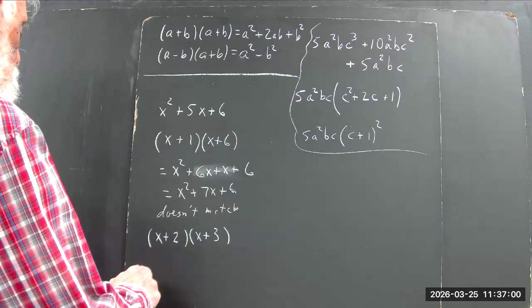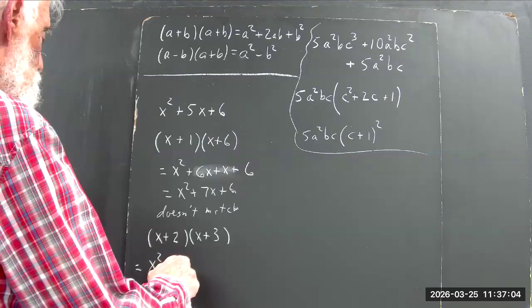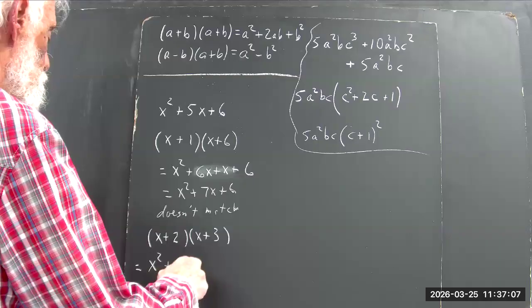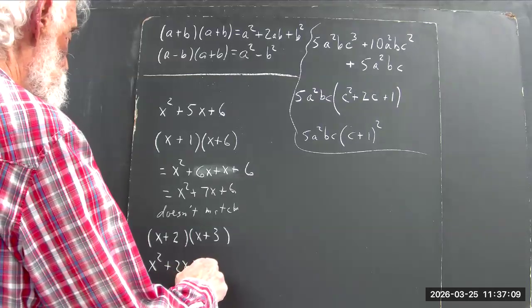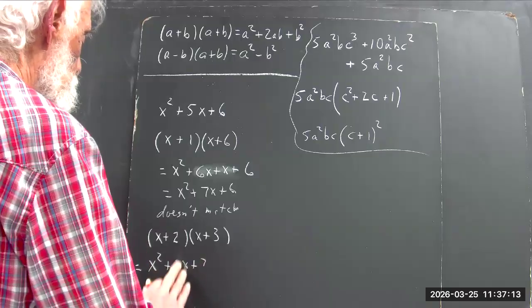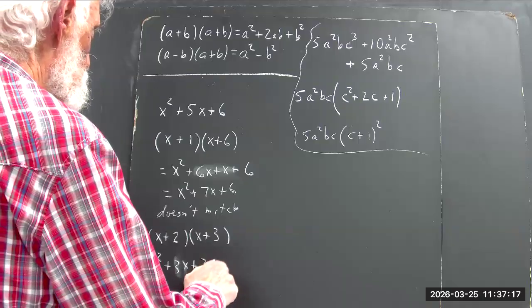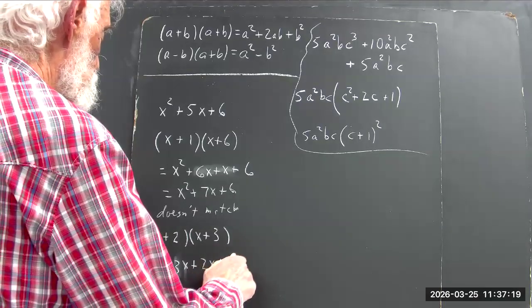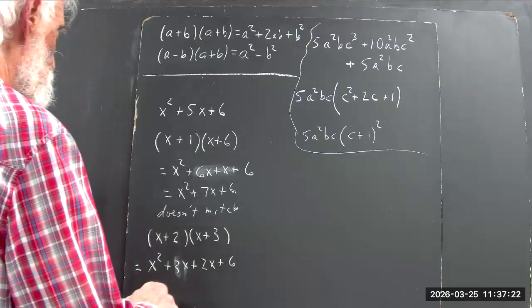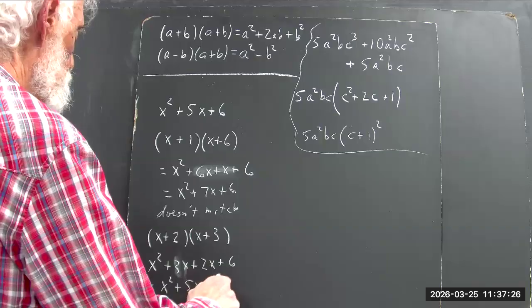And then using the distributive law and so forth, it's going to give us x squared plus 2x plus 3x plus 6, which is x squared plus 5x plus 6.